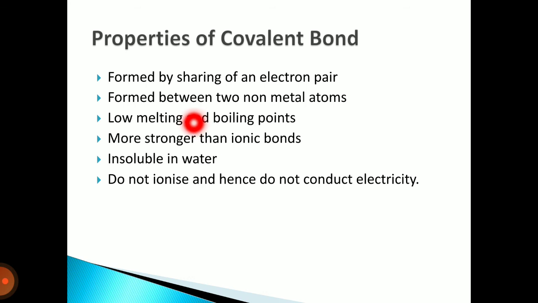Covalent bond is always formed between two non-metal atoms. Covalent bonded compounds have low melting and boiling points. Covalent bond is stronger than the ionic bond due to the overlap of orbitals.